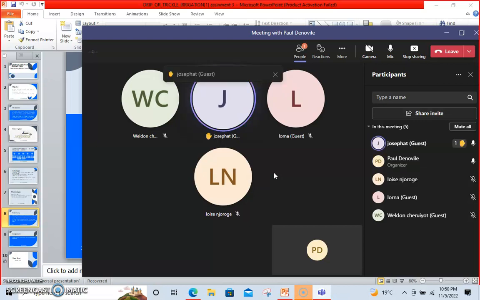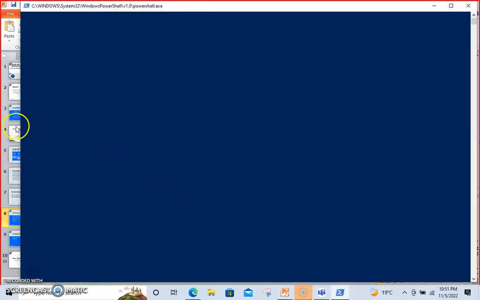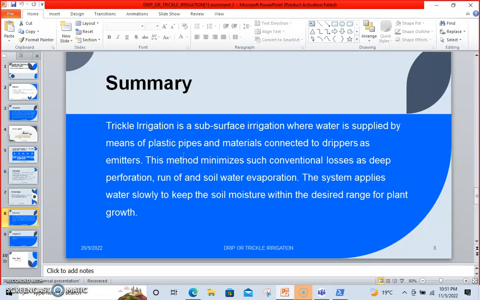Okay, we have learned that drip irrigation involves dripping of water into the soil at a very low rate. Yeah, true. So I think we've learned about drip irrigation today, and we've said that it is dripping of water, as you have said, which is correct. And also we have looked at the advantages and disadvantages of drip irrigation.